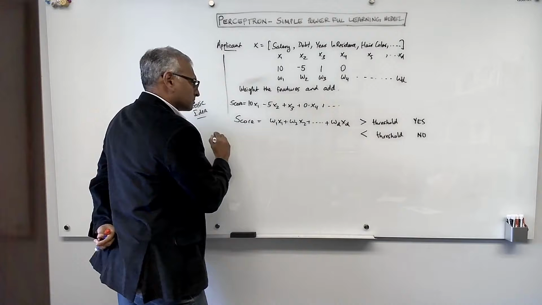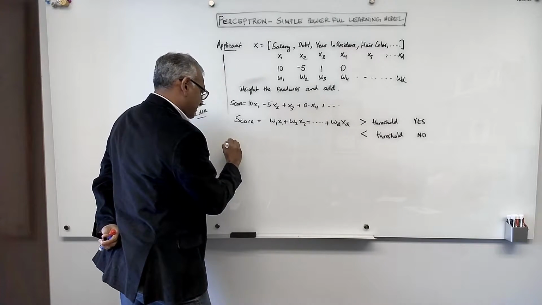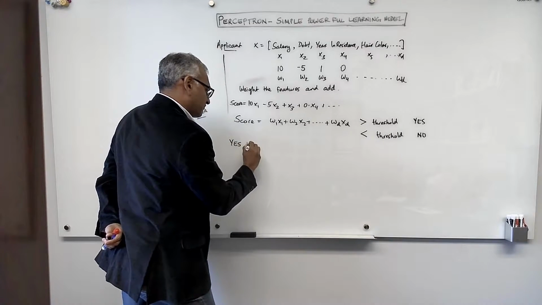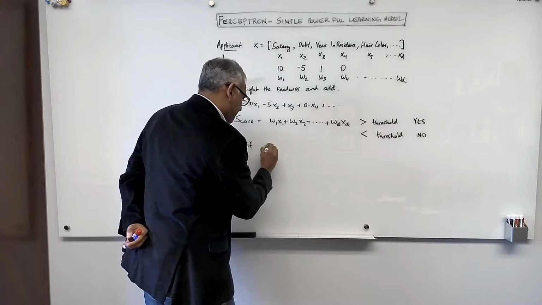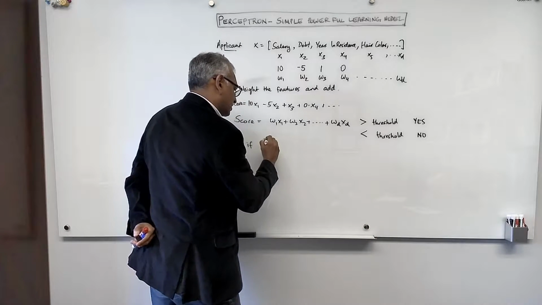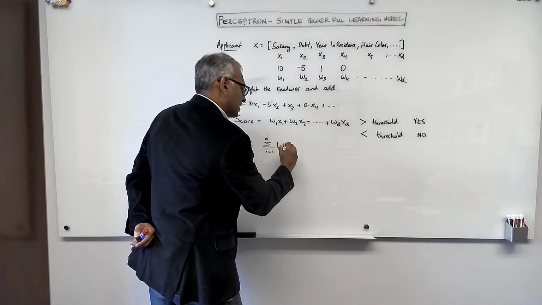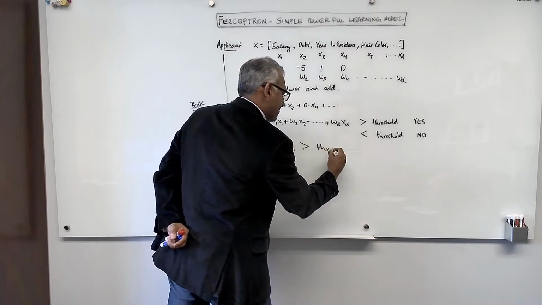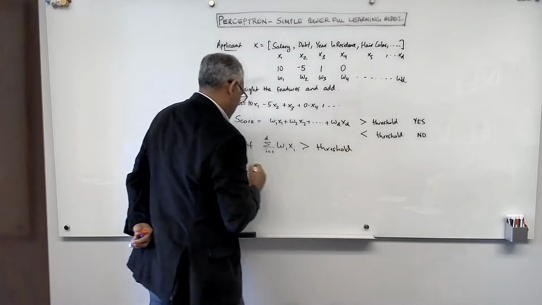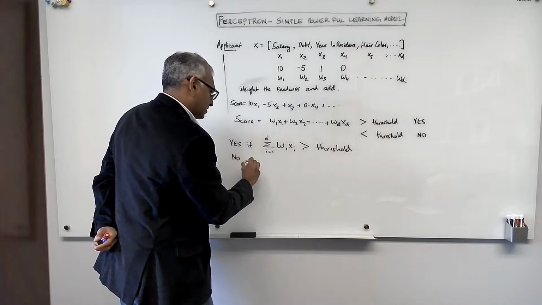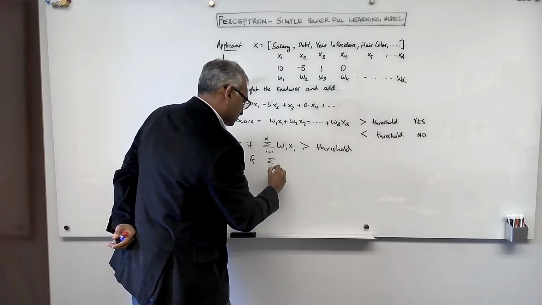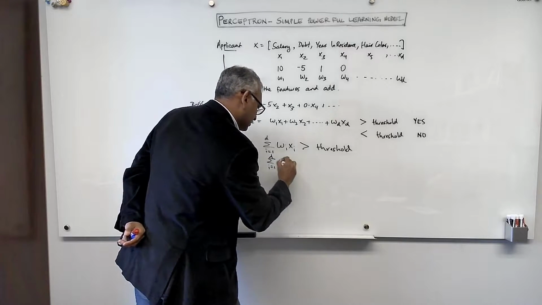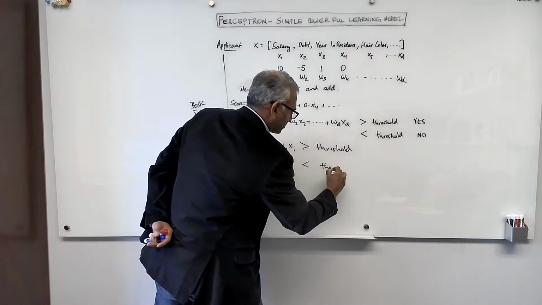So, approve, yes, if the sum from i equals 1 to d of Wi xi is greater than threshold, and no if the sum from i equals 1 to d of Wi xi is less than the threshold.